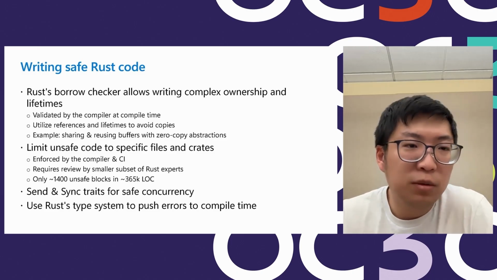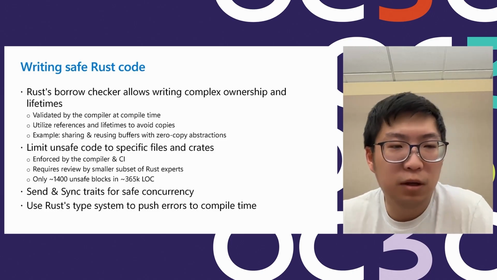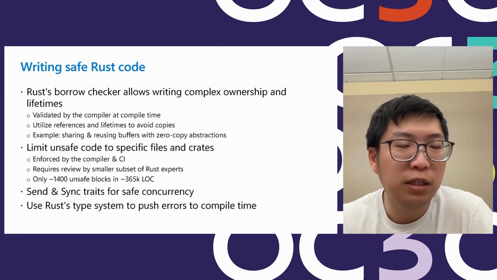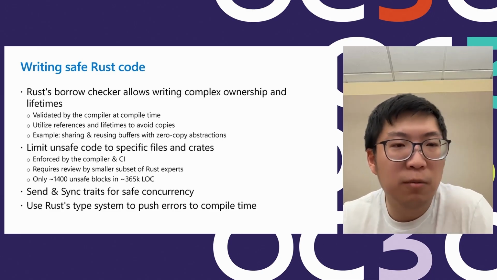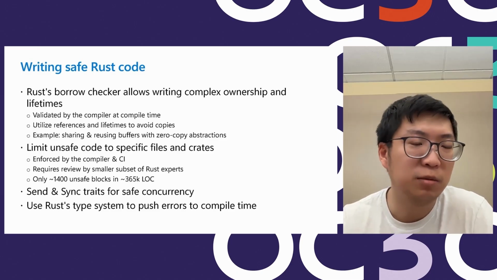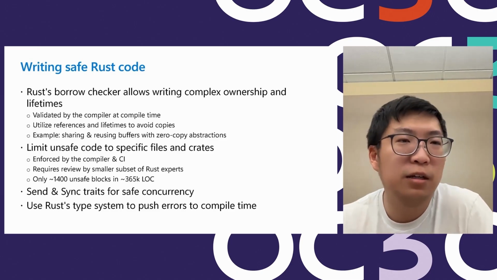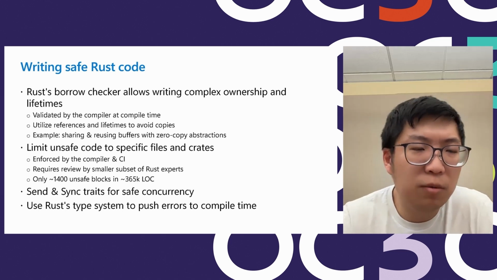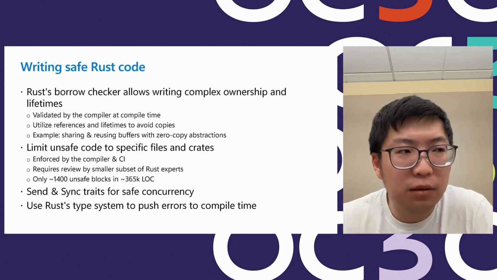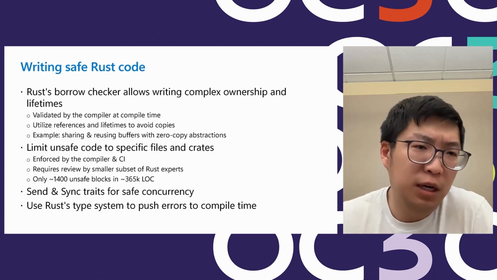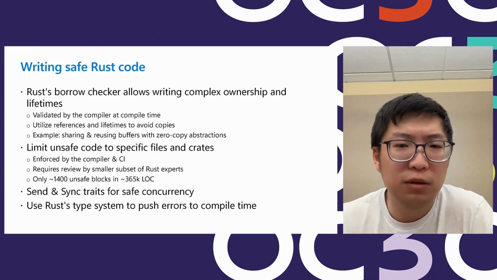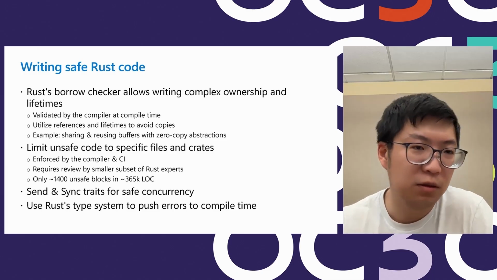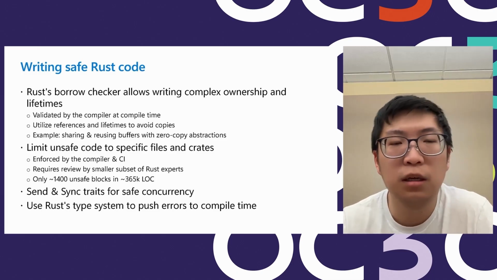And for those of you that are familiar with Rust, Rust has this way to write unsafe code. This is a way to tell the compiler that, hey, I know what I'm talking about. I need you to trust me, the programmer, that I'm doing the right thing because I need to implement something that falls outside of Rust's normal safety rules. And so in our project, we take really, really great care to make sure we only limit unsafe code to what we absolutely need. So we limit it to specific files, specific crates. Those are libraries in Rust terminology.